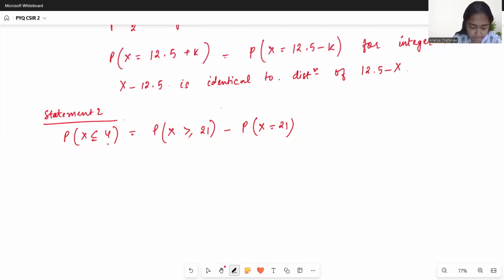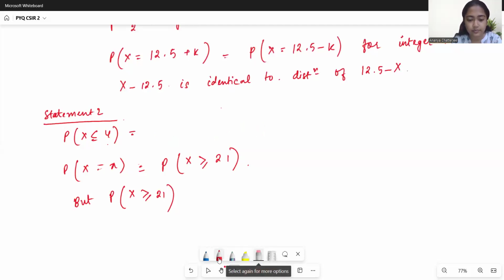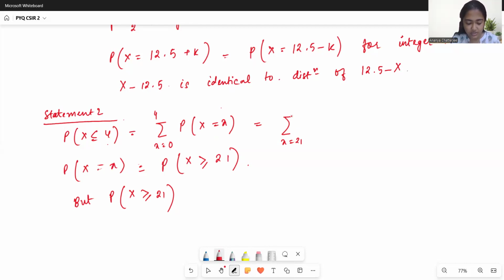Now, probability X greater than or equal to 21 can be written as summation x from 0 to 4 of probability X equals x, which is equal to summation x from 21 to 25 of probability X equals x, right?